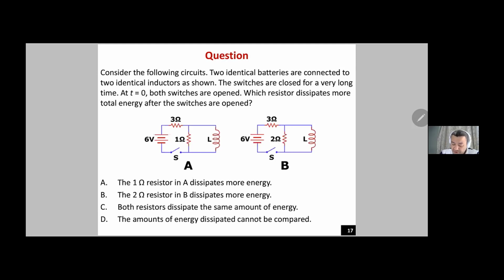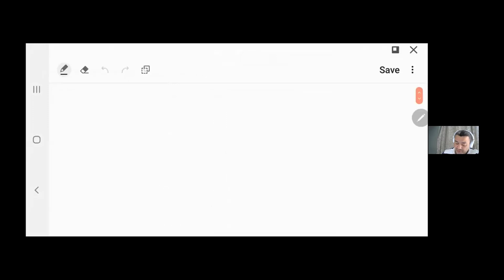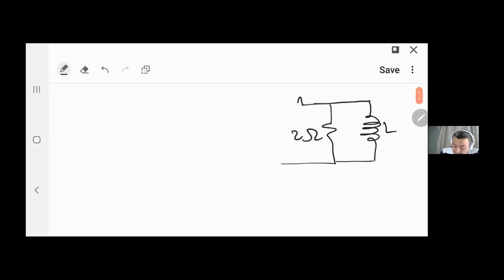To explain this to you, let me open a new page here and redraw. So what's happening is I have this inductor, 2 ohm, 3 ohm, 6 volts, and then I have the switch closed at t equals 0 for a long time.